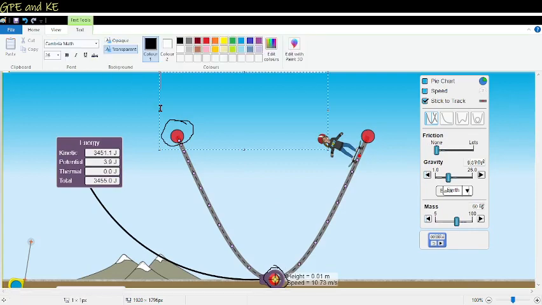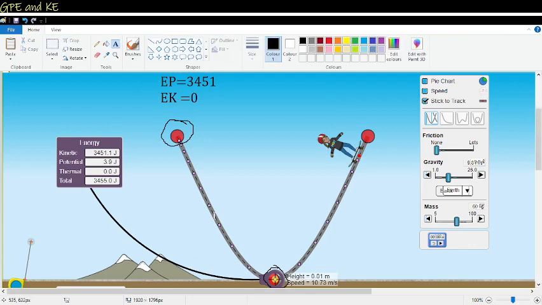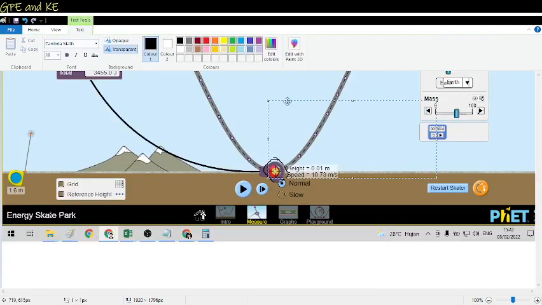At the top the potential energy is 3451 and the kinetic energy is 0. At the bottom it is the opposite. The kinetic energy is 3451 joule and the potential energy is 0.